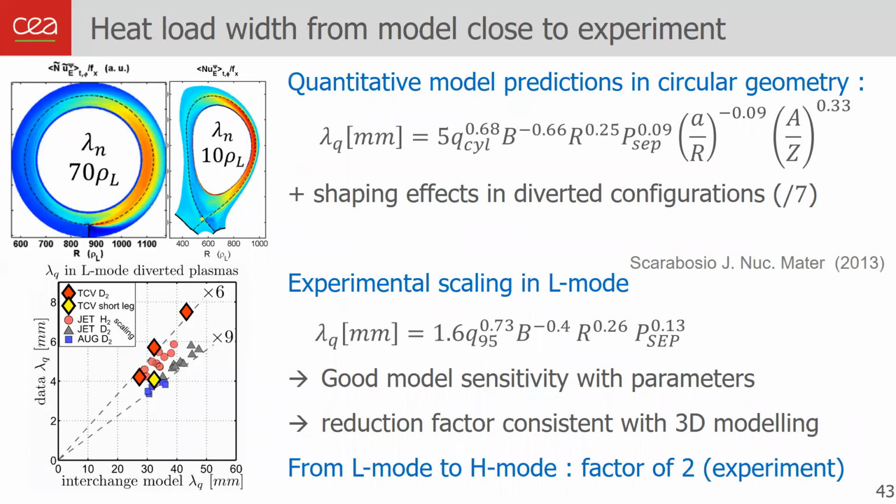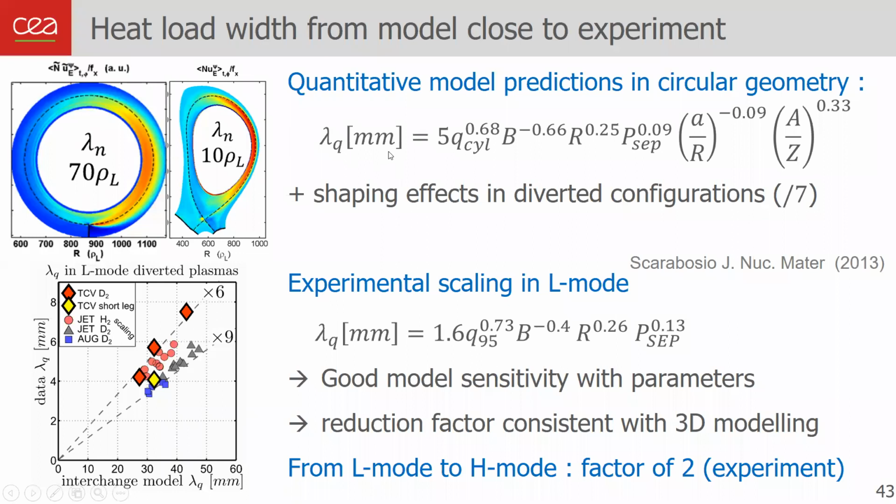I recall that for the heat load widths, which scale the heat power loads on the wall, the model was able to catch the quantitative behavior of experimental findings for circular geometry. So for these simple shapes, the model is able to get something good.